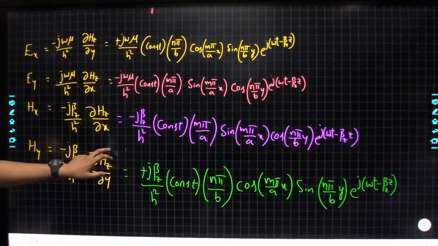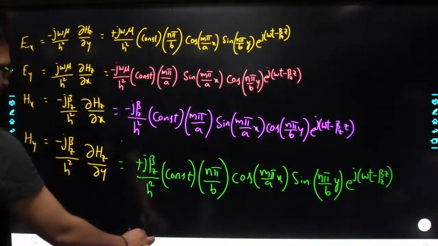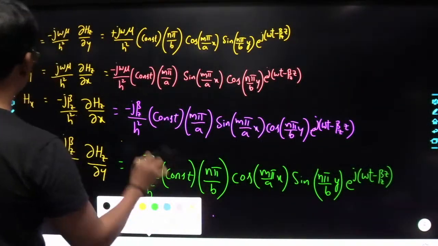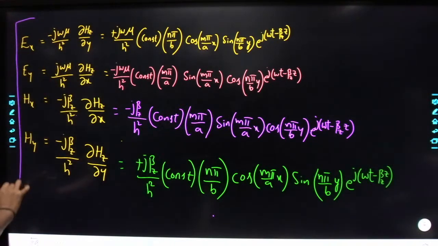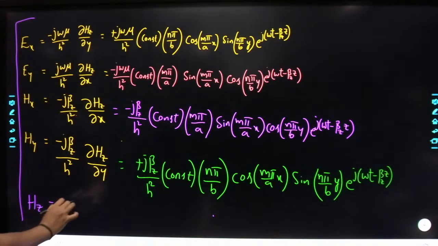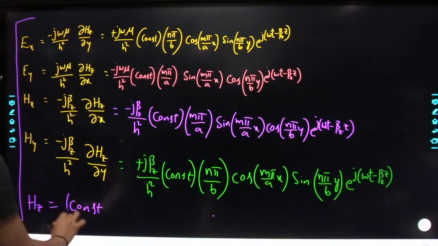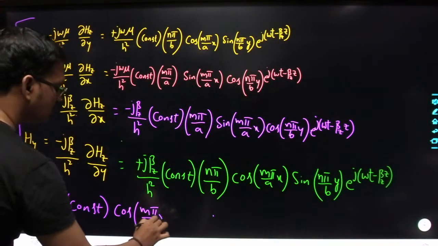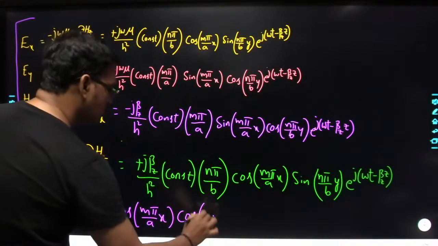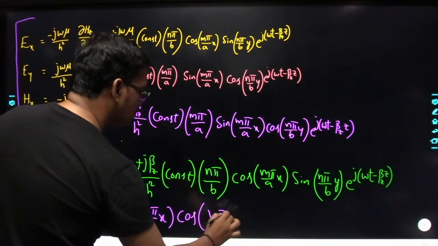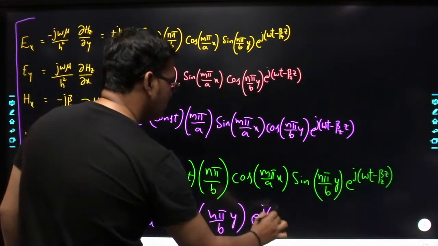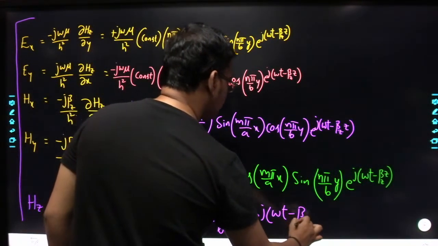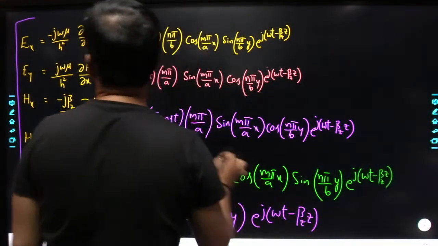So we got all the expressions for TE mode, and we have Hz also. Hz is equal to some constant multiplied by cos of m pi by a into x multiplied by cos of n pi by b into y into e power j of omega t minus beta z into z.